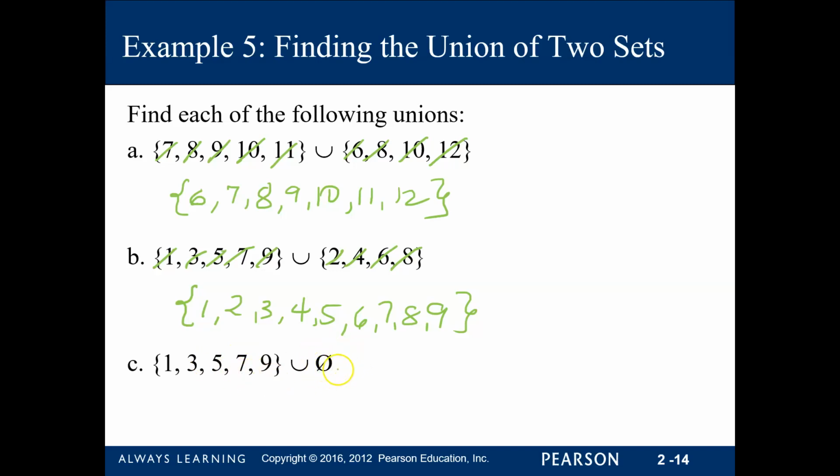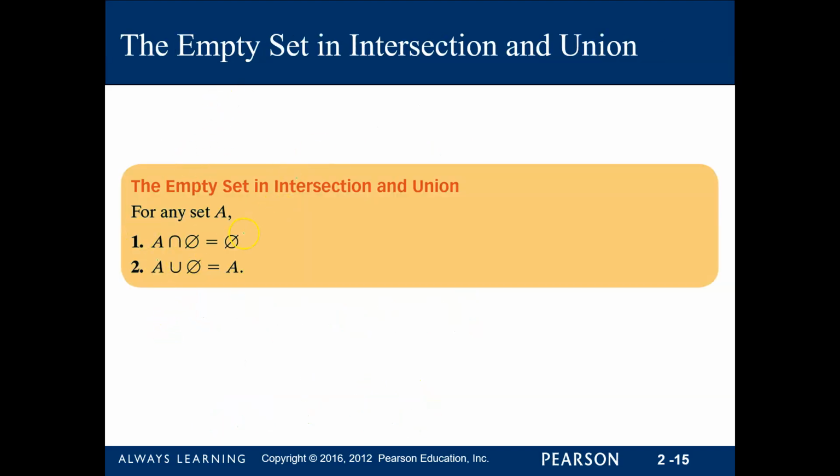Now, what is the union of any set with an empty set? Well, you're not adding anything. You're not including any new element because it's an empty set. So the union of any set with an empty set is still the original set. That's an important thing to remember when you are using the empty set in an operation.